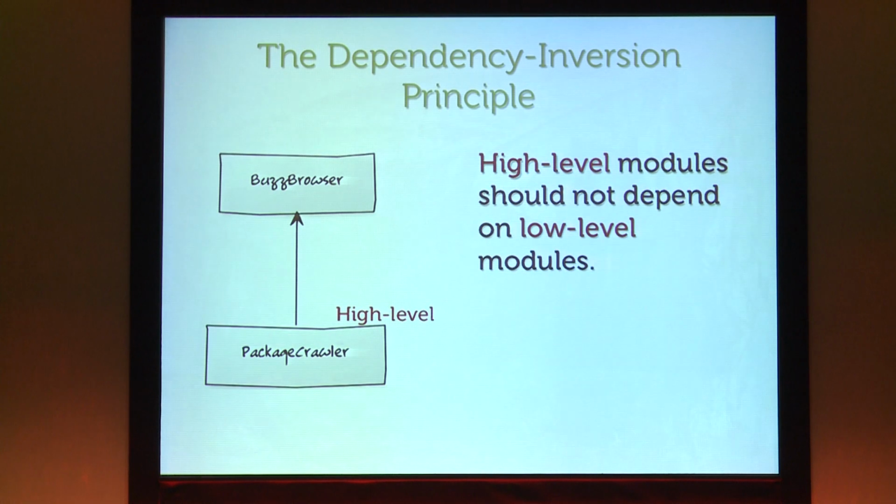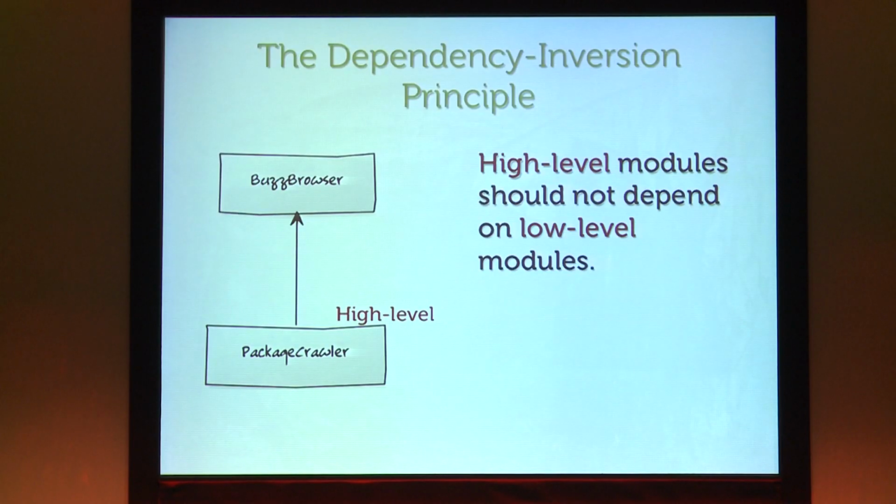You can describe what it actually does with high-level language: it should get content, extract metadata, put it into the database, or store it somewhere. Maybe not the database. While Buzz browser, that's a low-level module for making HTTP connections. Very specific, low-level thing.